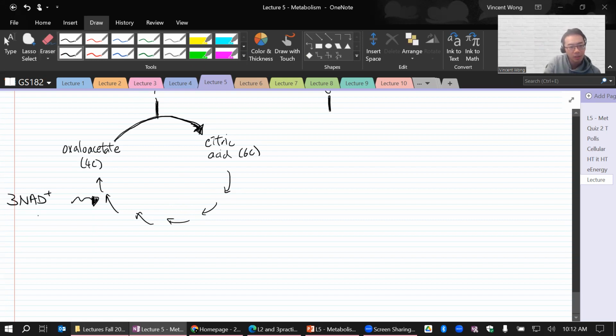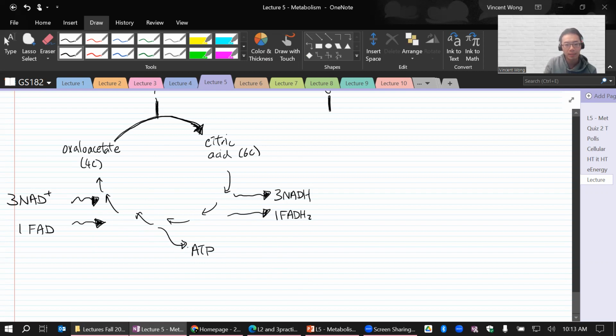In fact, we're going to be supplying 3 of them. And we haven't seen the other energy carrier so far. That one is the FAD. So we're going to have 1 of them. And once it goes through the cycle, on the other end, we're going to spit out 3 NADH and 1 FADH2. And then also, we will be producing ATP, 1 ATP.